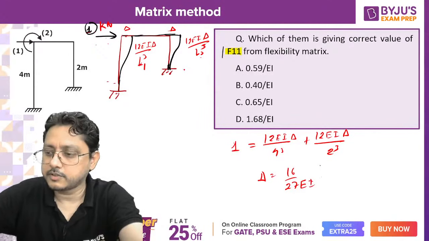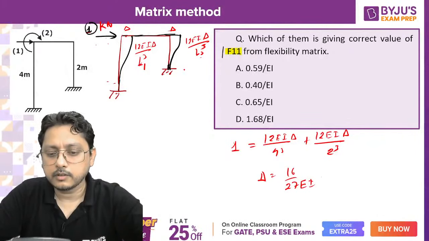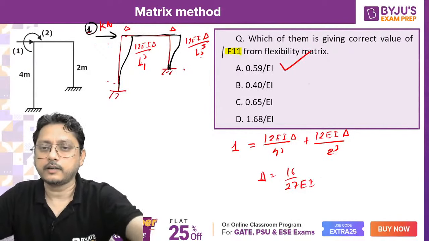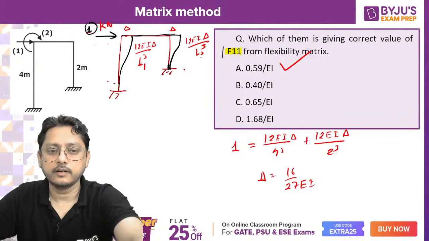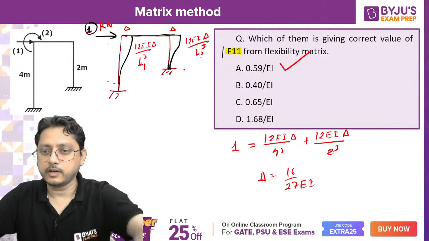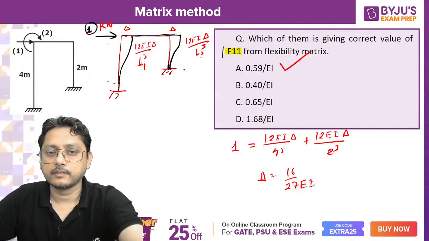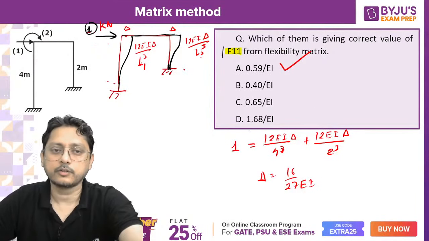And how much is 16 by 27? It is 0.59. Did you get that? That is the delta you have here. So you take delta common from here, then do a little bit of calculation, that's all.